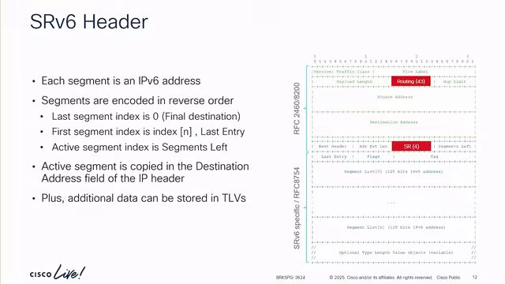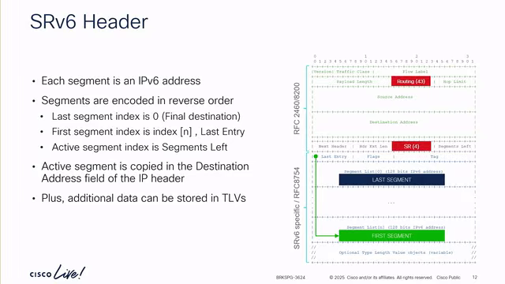So what's important? Well, the segments, the IPv6 addresses. Reverse order, so bottom to top, 0 to n-1. We're engineers, we start counting at 0. The last segment is at the top. The first segment will be at the bottom.